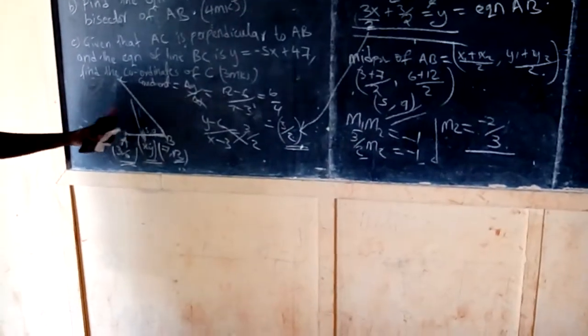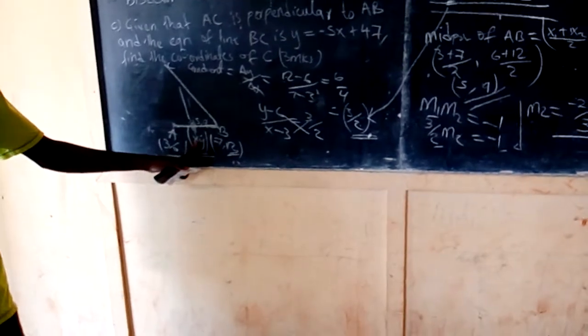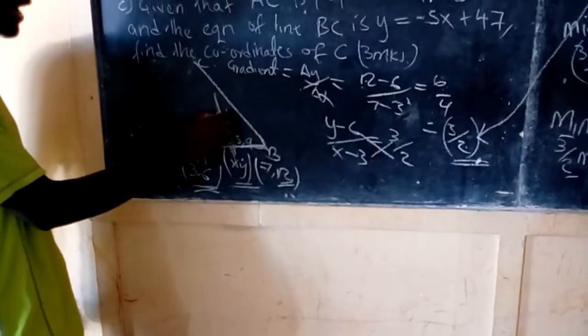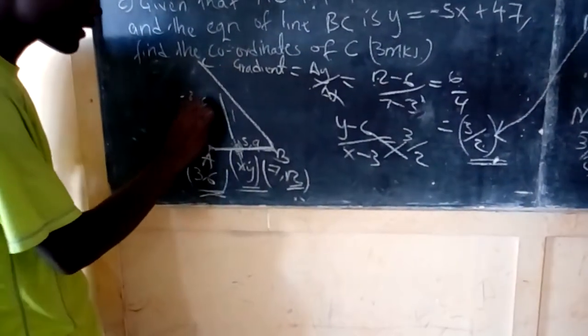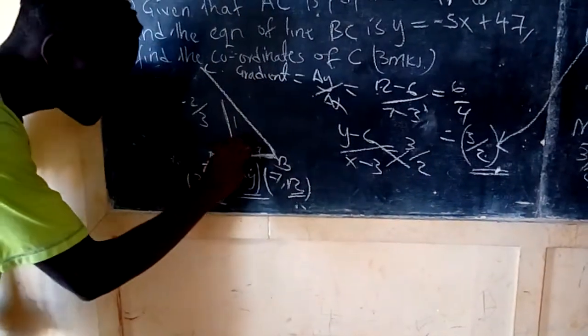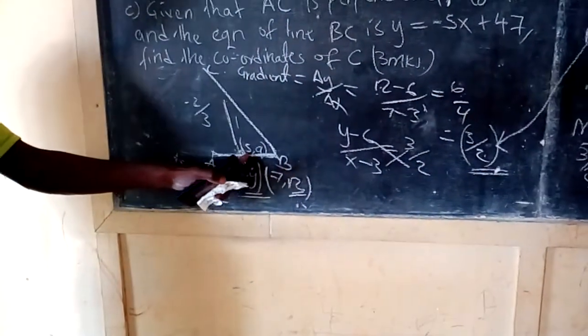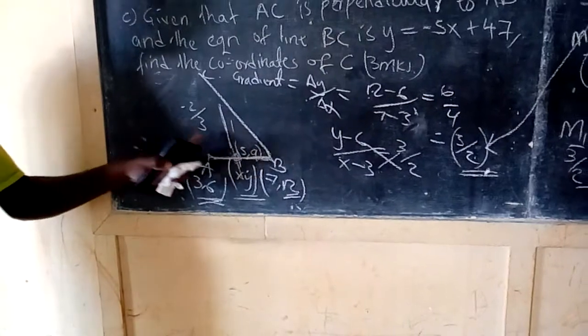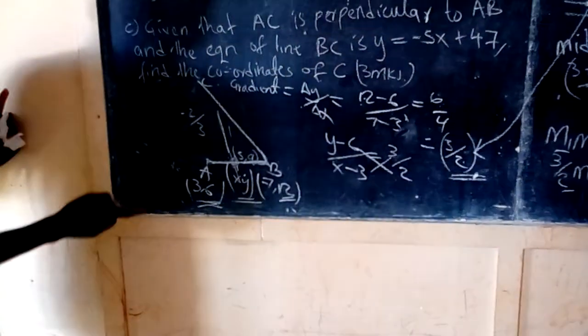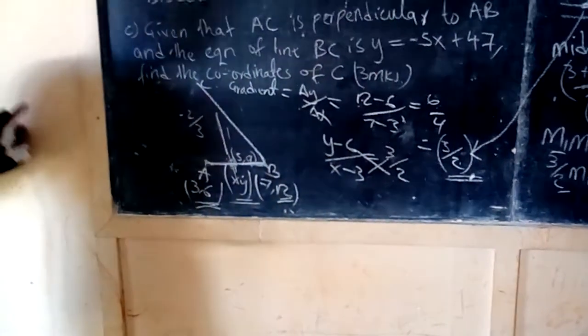Now I found its gradient and I have one of the points. Its gradient here is -2 over 3, and one of the points is (5, 9). I use the gradient and one of the points, plus the arbitrary point that I'm going to choose, which is (x, y), to find the equation.